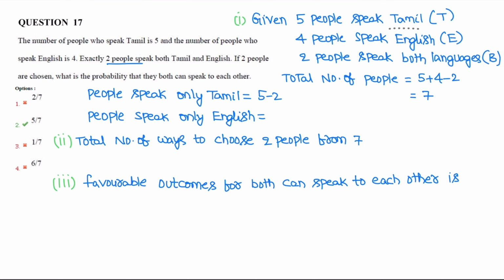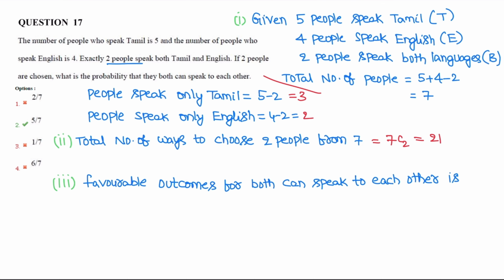Total 5 people are there, and subtracting the people who speak both languages, 5 minus 2, it is 3. The people who speak only English is 4 minus 2, its value is 2. Now the total number of ways to choose 2 people from 7, it is 7C2, 21 ways. There are 21 ways to choose 2 people.